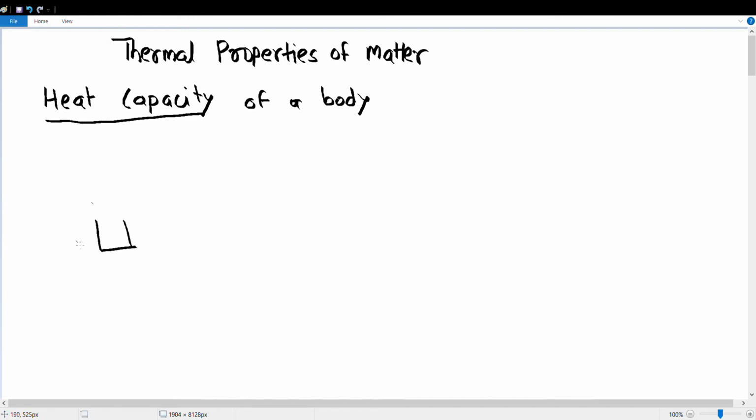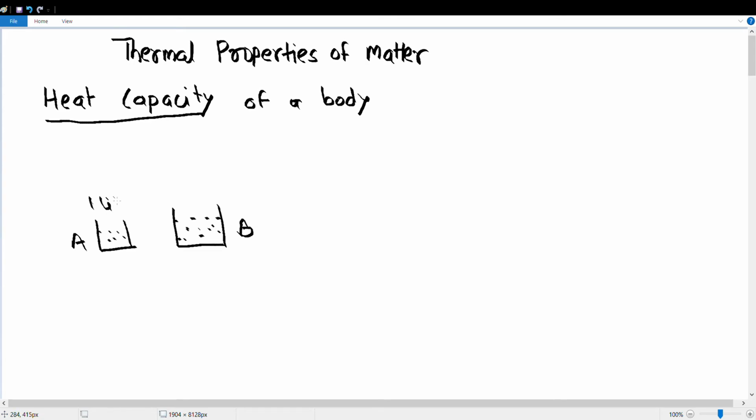Suppose this is pot A and suppose this is pot B. Both these pots carry water, but the amount of water which is carried by both these two pots is different.